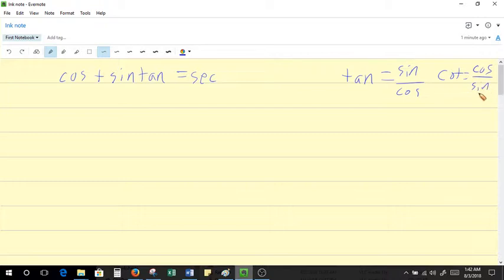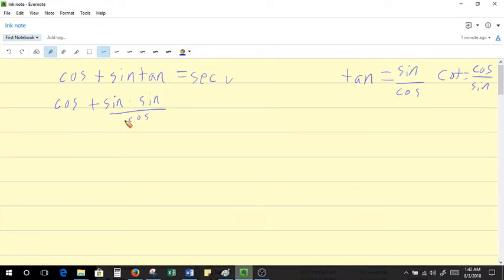The majority of the time, you are going to want to undo tangent and cotangent as soon as possible. So cosine plus sine times sine over cosine, because we just undid tangent, and that's broken down as much as it can be, so we're going to leave that alone for now.